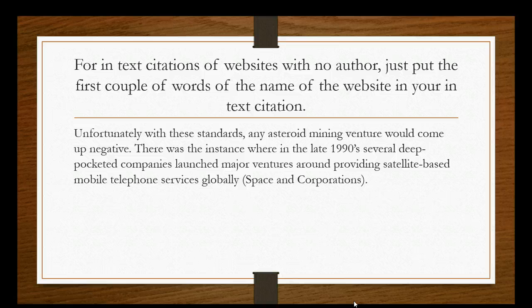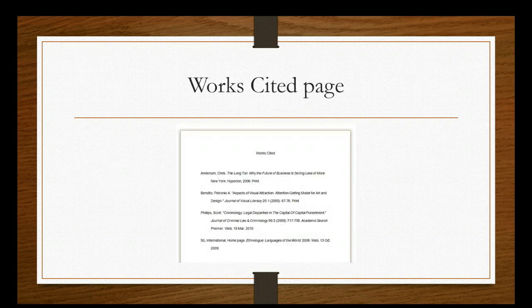And if you don't want to talk about the website's name in your text and you want to put it in parentheses at the end, just put the first couple words of the name of the website. So we just put Space and Corporations here. And what's going to happen is your reader's going to be reading along, they're going to get to this, and then they're going to look at your works cited to learn more about that website.